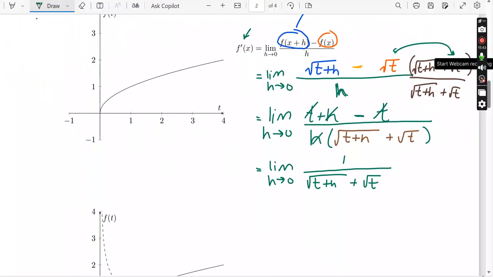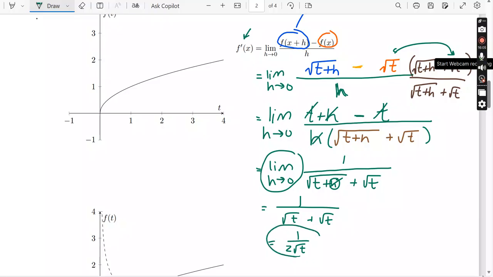Now at this point, if I sub in 0 for h, that works, because that means that term is gone. Now once you sub it in, the limit symbol disappears, giving me root t plus root t, equals 1 over 2 root t. So that will be the derivative of this function.